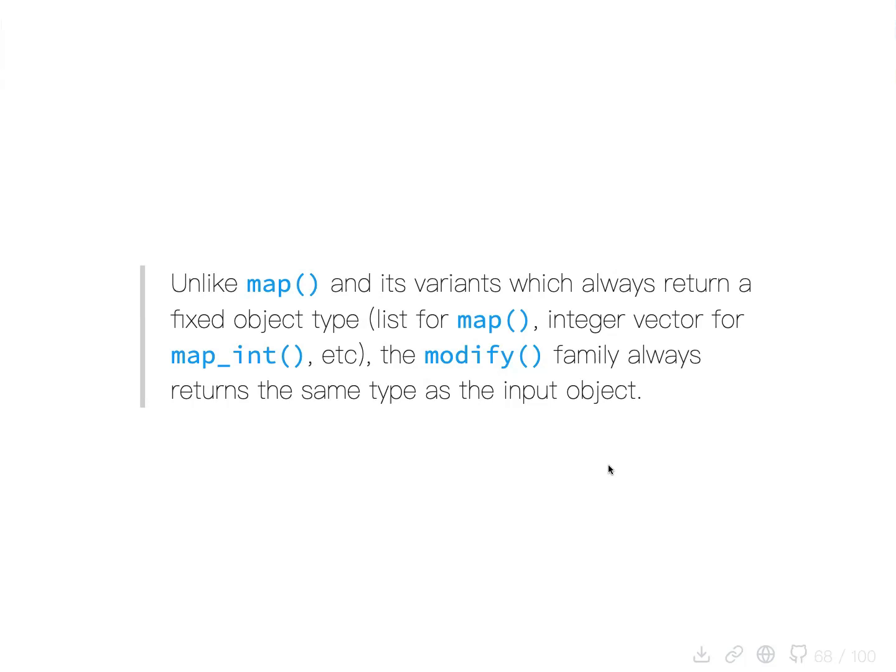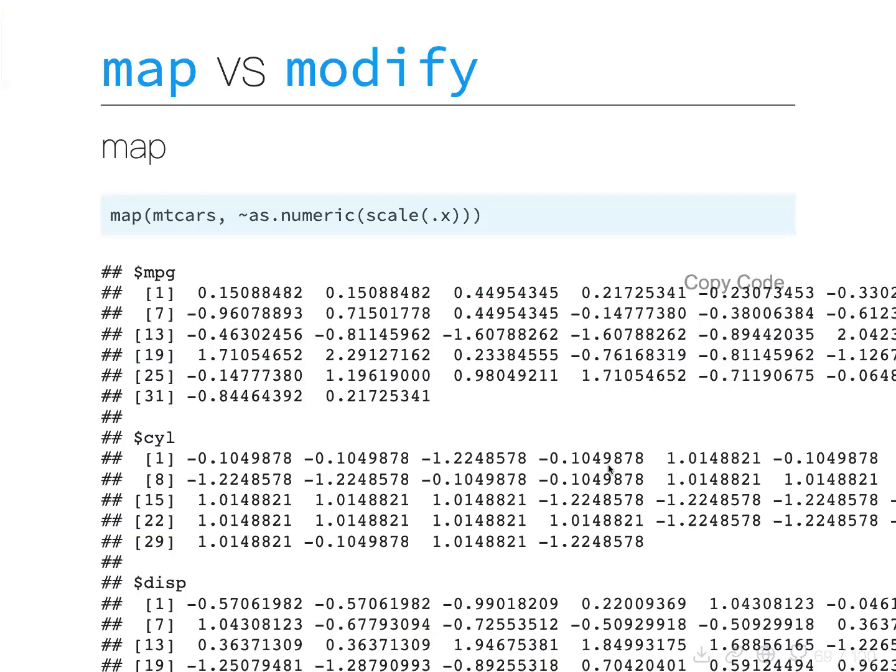Okay, so if you have a data frame and you're looping through it with modify, it will return a data frame. If you have an atomic vector of type character, it will return an atomic vector of type character. Okay, whatever you pass to modify, that's what it will return to you. Okay, that same object type.